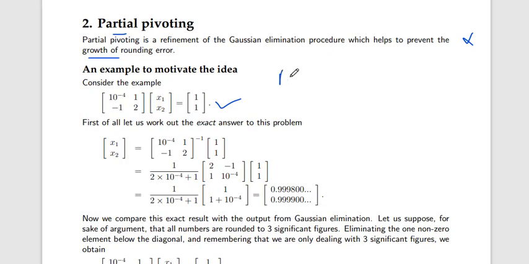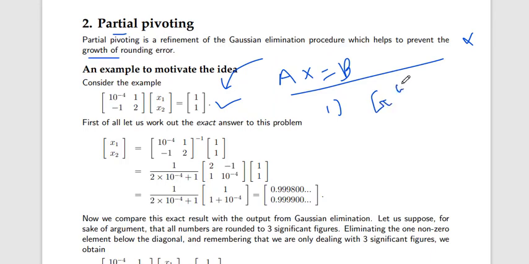We will transfer this into the form Ax is equal to b. Okay, this is the form Ax is equal to b. Now there are two methods to solve for x. First is Gaussian elimination. We already talked about it: transfer to the augmented matrix, upper triangle matrix, and back substitution.